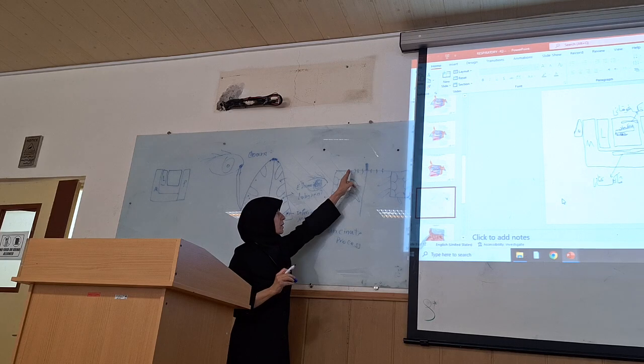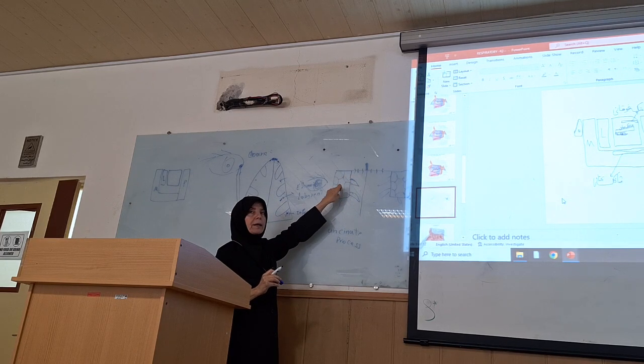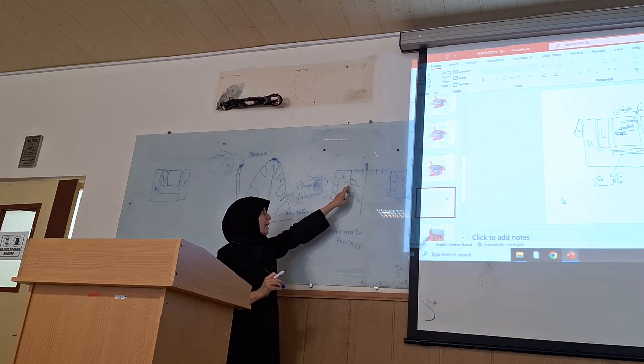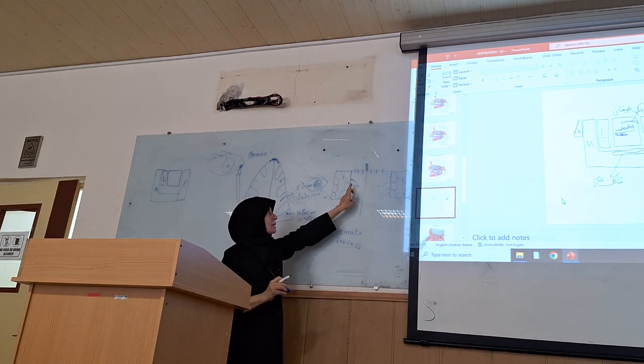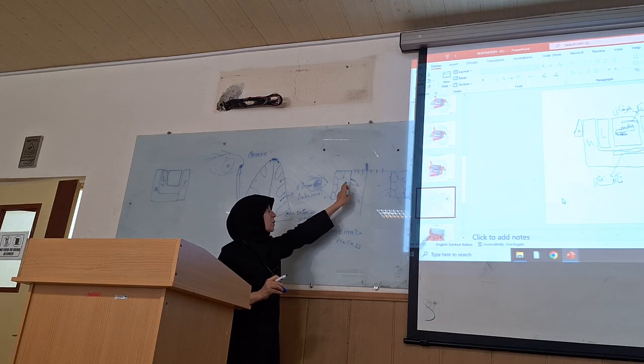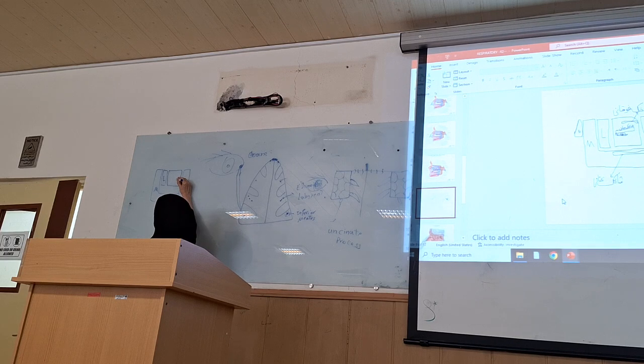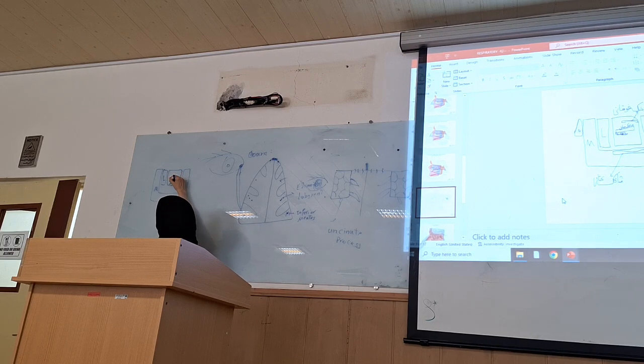Remember the ethmoid? It is the medial plate of the ethmoidal labyrinth. The medial plate of the ethmoidal labyrinth participates in the lateral surface of the nasal cavity. So the ethmoidal labyrinth here participates in the lateral surface of the nasal cavity.